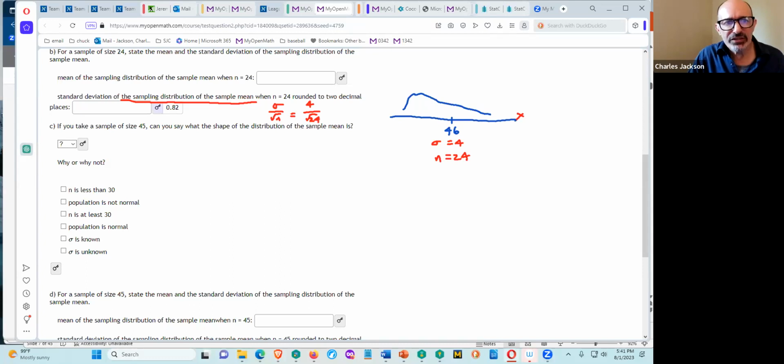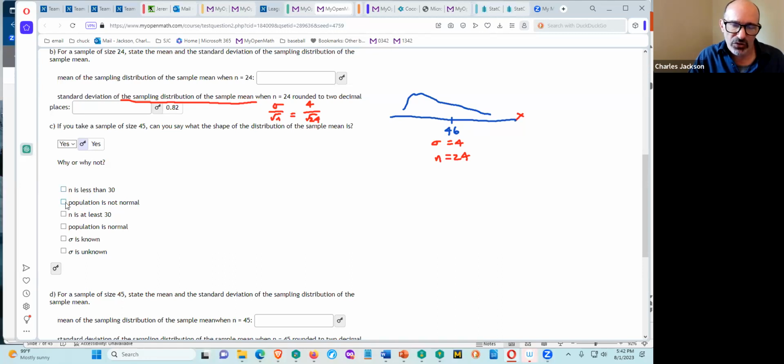You take a sample of size 45. Can you say that the shape of the distribution of the sample mean is? Yes, in that case, it's going to be normal. And why or why not?